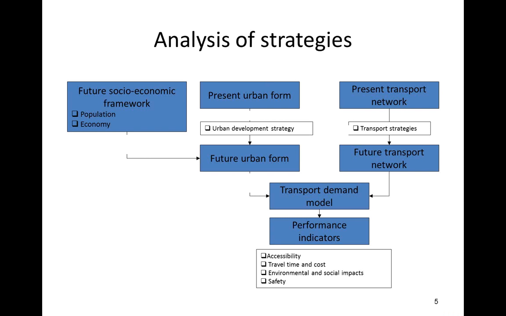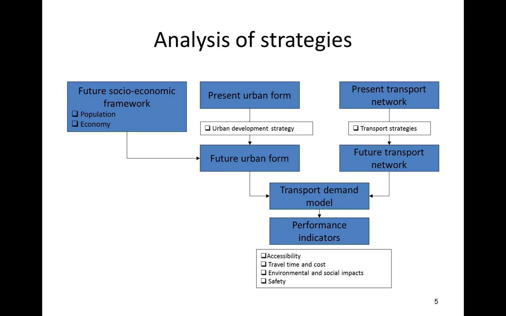So firstly, the purpose of a transport demand model is really to analyze strategies. And you can see here in this slide that the transport demand model actually can analyze two types of strategies. One is the urban development strategy, wherein you say, for example, provide relocation of population or employment in various parts of the city, and you'd like to find out whether these strategies work or not.